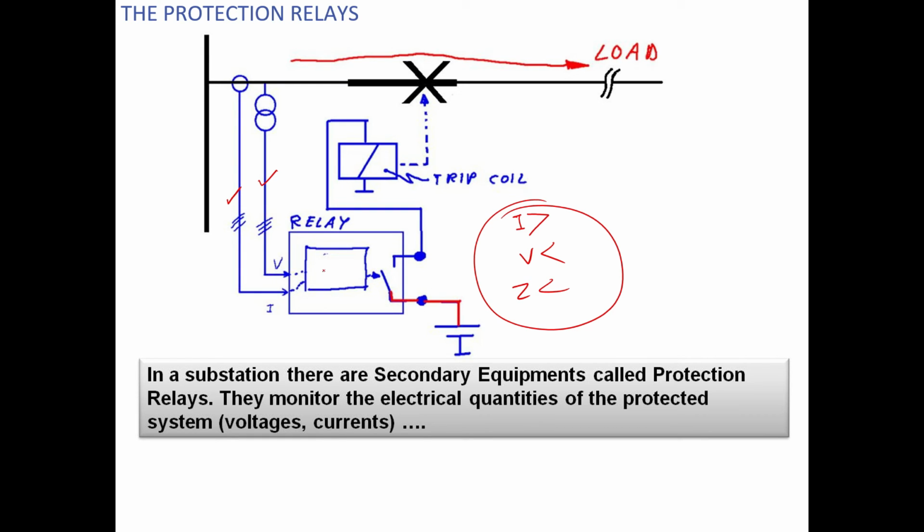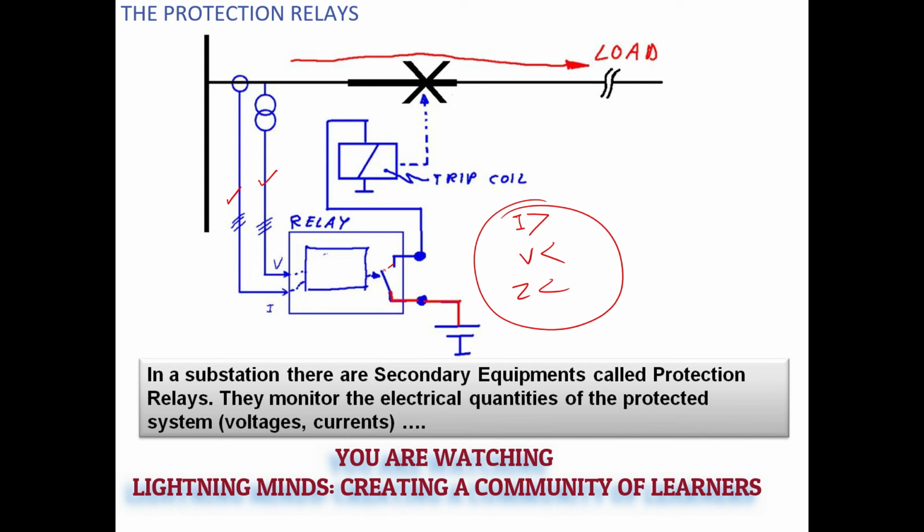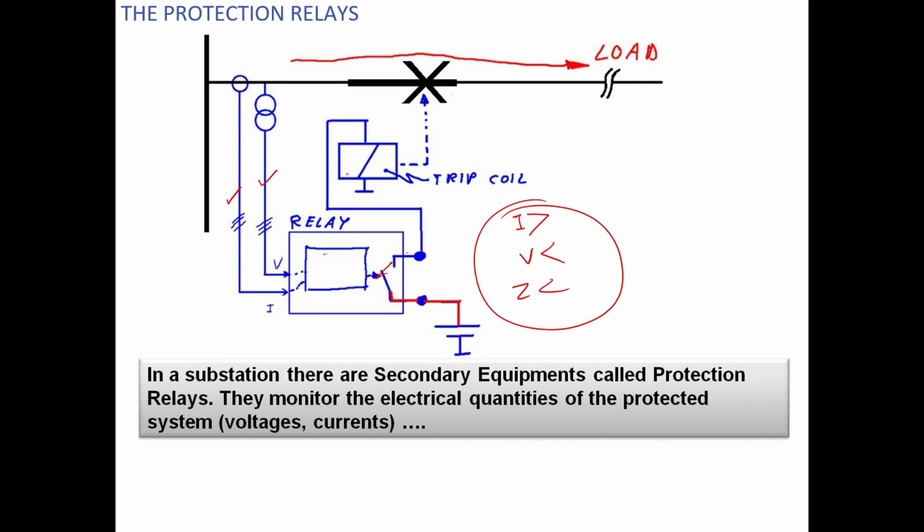After the relay detects a fault based upon its algorithm, it will make one contact high, or one active contact. Once this contact makes, it will extend the DC to the tripping coil, and once the tripping coil energizes, it will open the circuit breaker, and once the circuit breaker opens, your fault will be isolated.